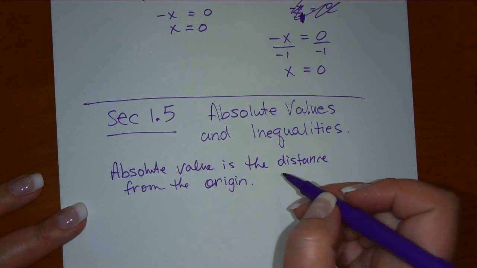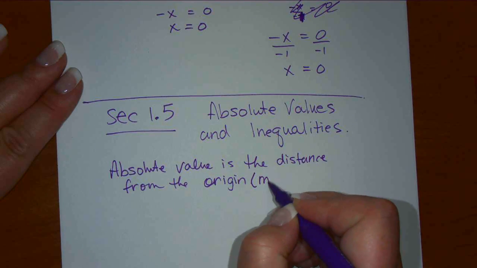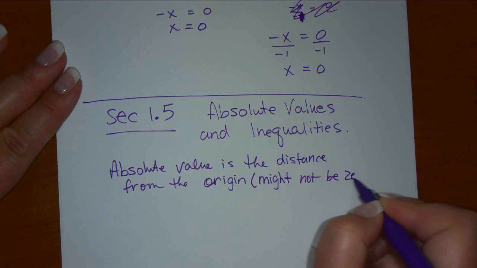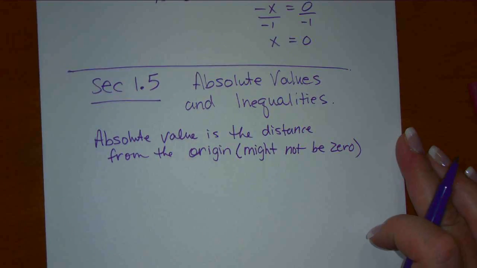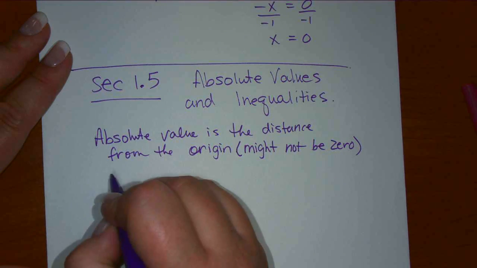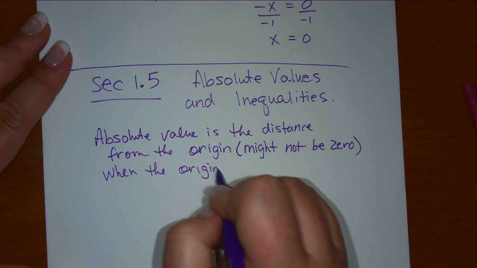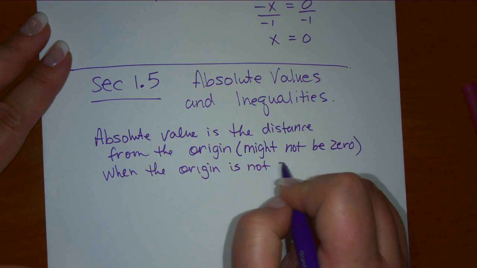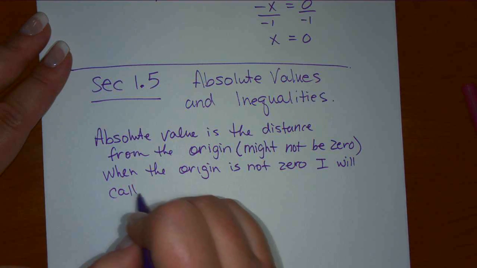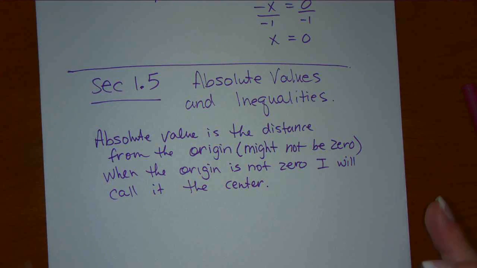Now, the origin might not be 0, so that's going to be confusing. When it's not 0, I'm going to call it the center, and you can call it the center too if you want.